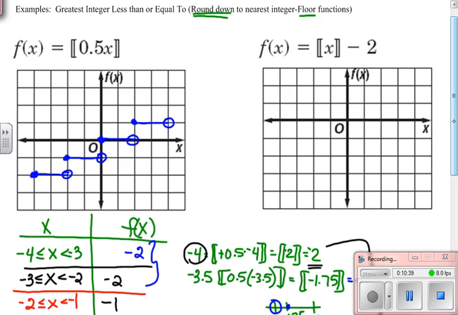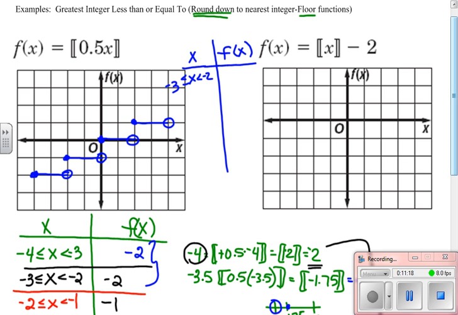Now let's look at this one over here. Here we're going to round down and then subtract 2. So when you check your intervals here, they're going to change more frequently. So let's look at x and f of x for this graph. Let's check my first interval, from negative 3 less than or equal to x less than negative 2.